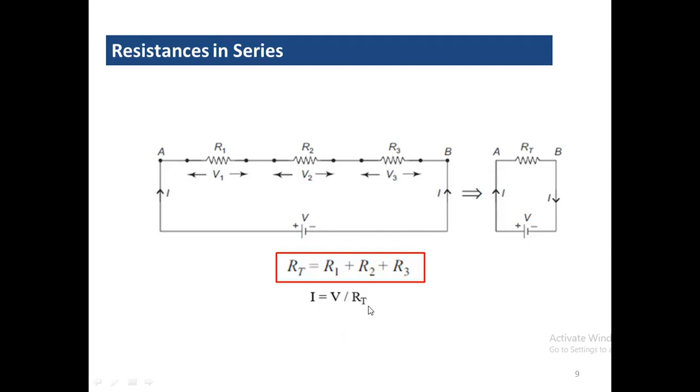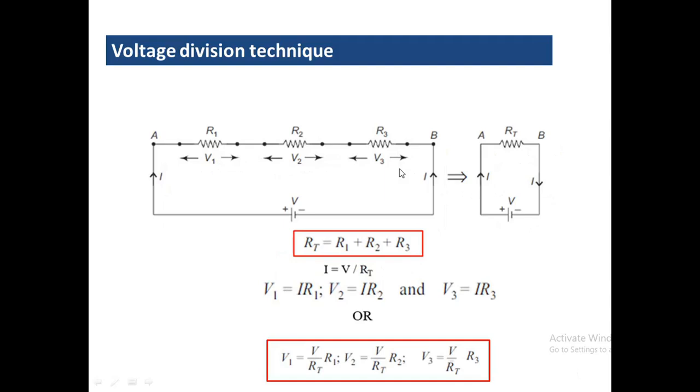There is a voltage division rule applying here, because across individual resistances some voltage drop occurs. The voltage drop is not the same. So the voltage division technique will help us find the voltage across the individual resistor. V1 equal to total current I into R1, V2 equal to total current I into R2, similarly V3.